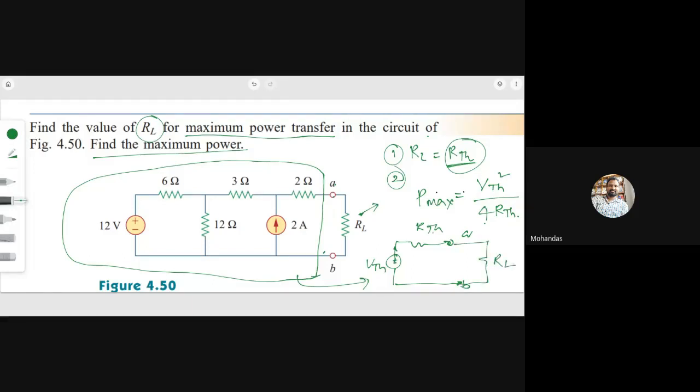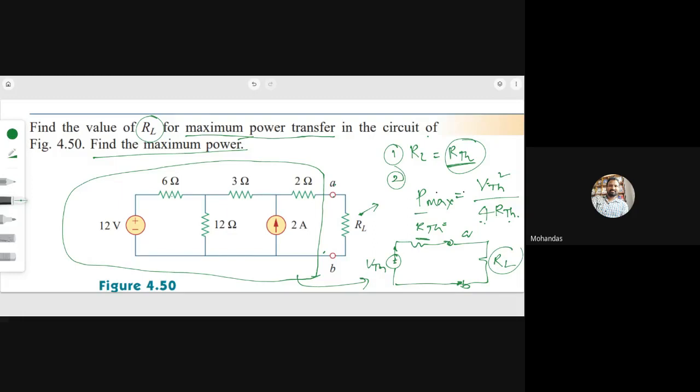So once you get the R Thevenin, and if RL equals R Thevenin, we will get the maximum power. And if you want to calculate maximum power, you have to use V Thevenin square by 4 into R Thevenin. So if the maximum power transfer theorem is given, first you have to calculate the Thevenin equivalent circuit, which is V Thevenin in series with R Thevenin.